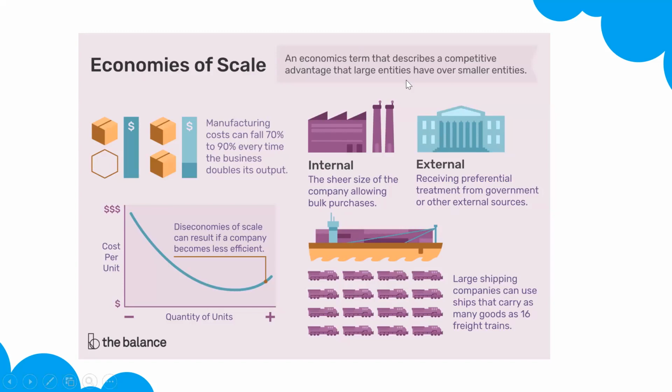Again, it's an economic term that describes the advantage that larger entities have over smaller entities. Basically, the more they produce of something, eventually it's going to reap more reward, for various reasons. The bigger the company, they might purchase things in bulk, for instance, or they might receive preferential treatment from governments or other external sources.